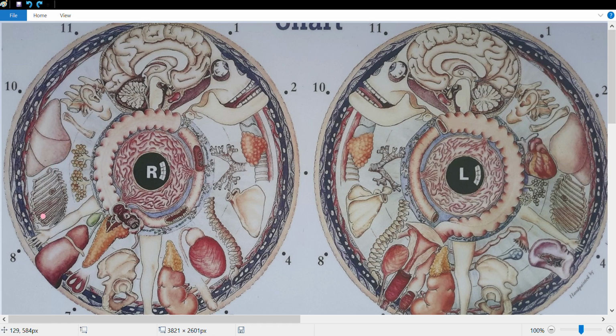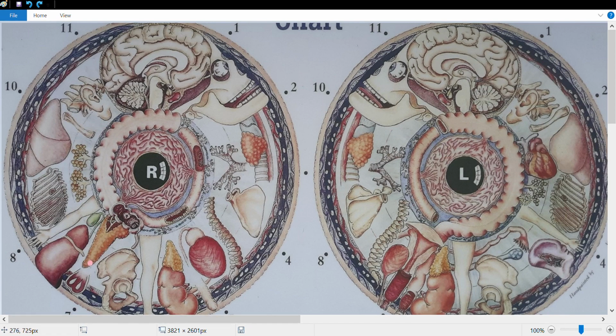Okay, and then we have the chest and the ribs. We have the arm over here on the left iris, and then on the right we have the arm right here. And then still on the right side, this is the liver area, and then the gallbladder just directly above that.